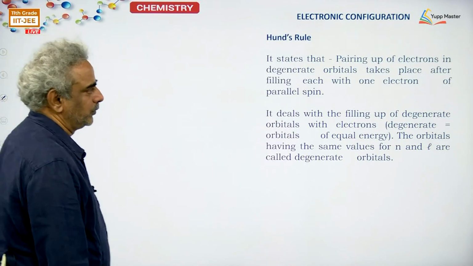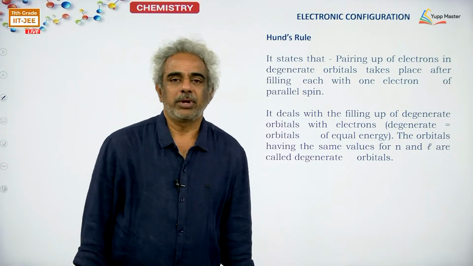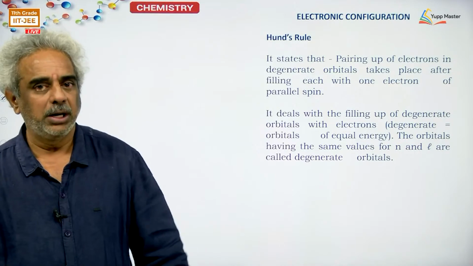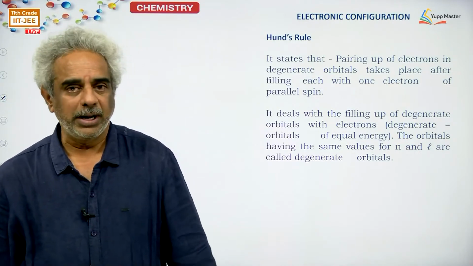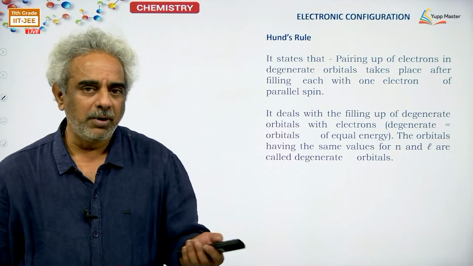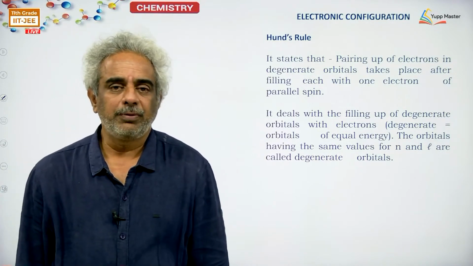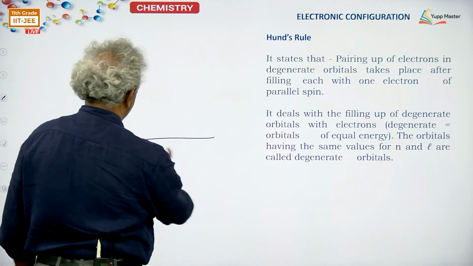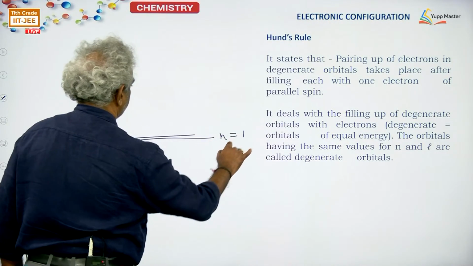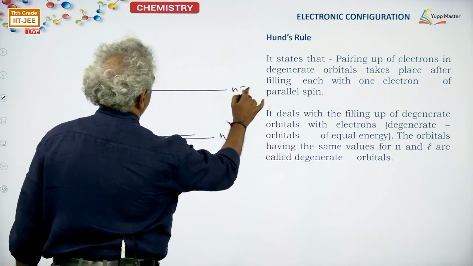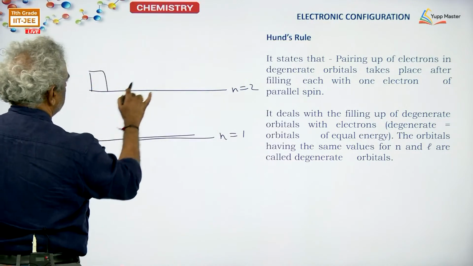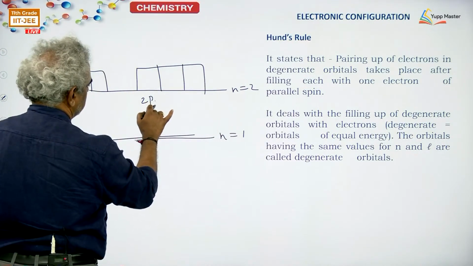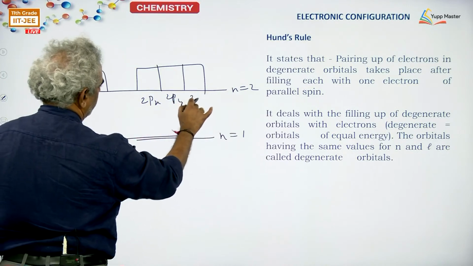Hund's rule. Suppose, as I told you, in polyelectronic atoms, with more than one electron, you will have different orientations of an orbital. Let's see this. n is 1, n is 2. Here you have s, but p you have 3 orientations, 2px, 2py, 2pz.